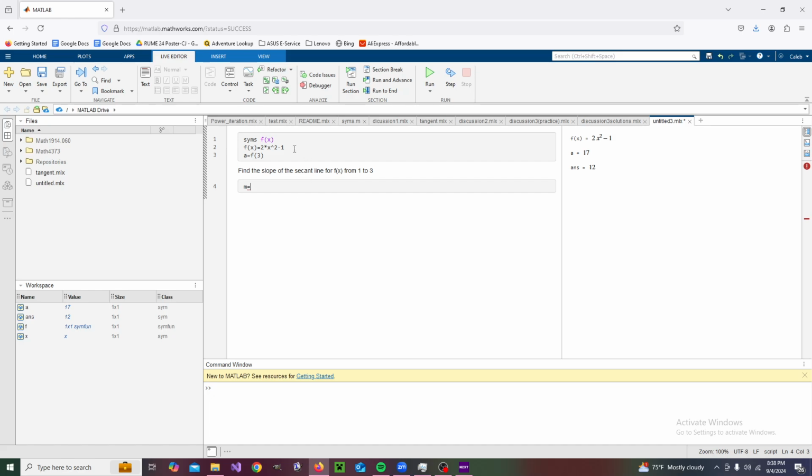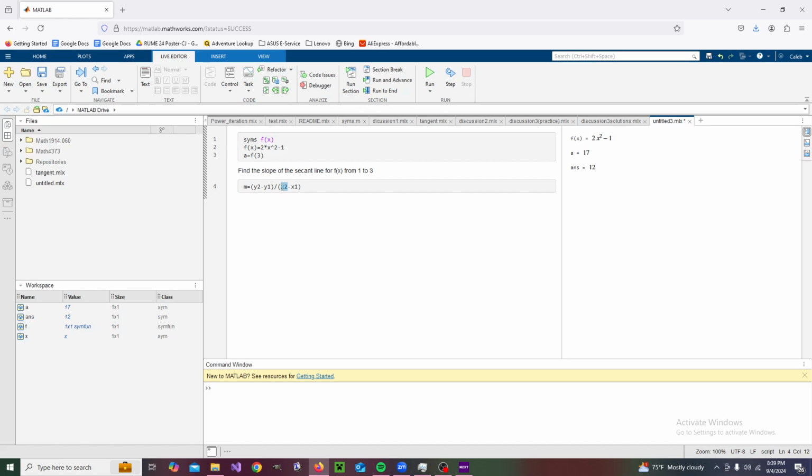Well, now I already stored f of x, so I'm able and ready to use it. So what is the general form of the slope? Well, I'm just going to type it in so that we remember it: y2 minus y1 divided by x2 minus x1. Well, what are our x values in this situation?